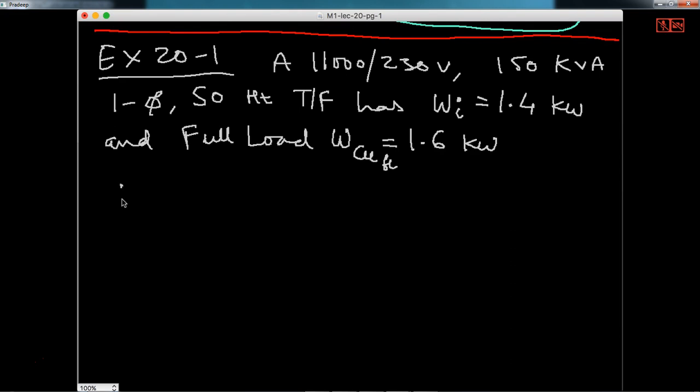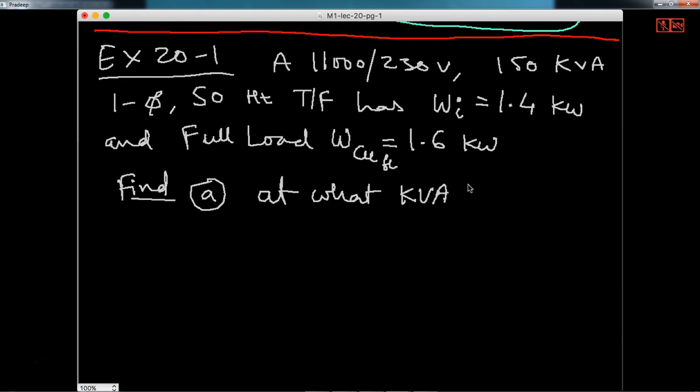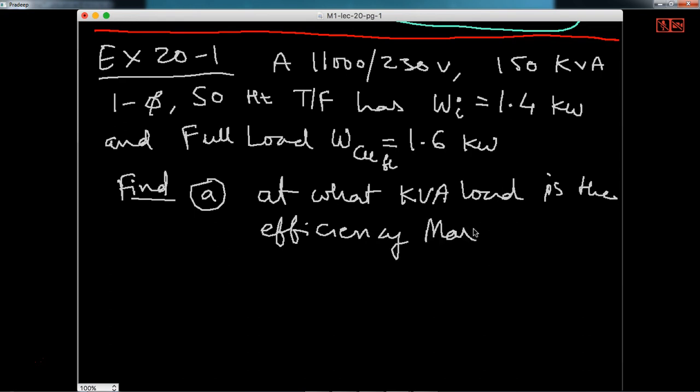So find at what kVA load is the efficiency maximum. So this is the first thing we have to find.